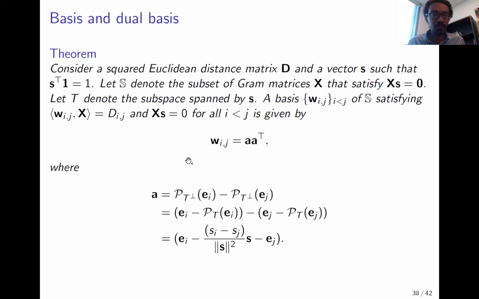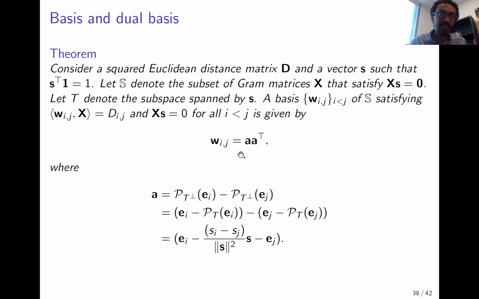Following the same analysis that I did earlier, we can also develop the dual-based approach for this. There is a lot of notation here, but the main idea is that earlier these were centered Gram matrices, meaning X times 1 is the zero vector, but now S could be anything. The points don't have to be centered at the origin, and we can derive what the measurement basis, the W alphas, look like.